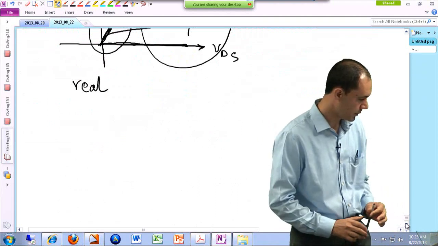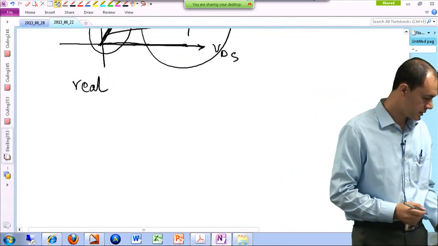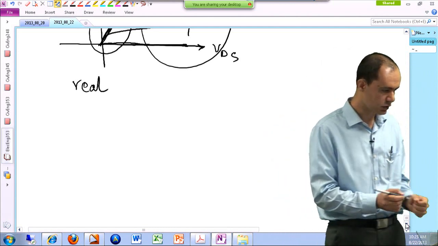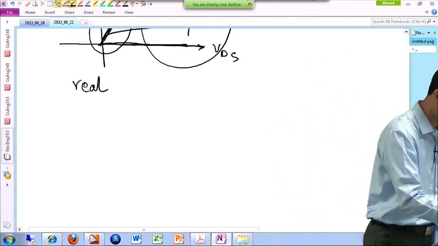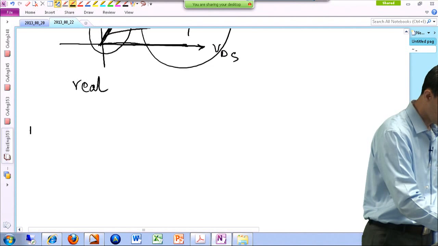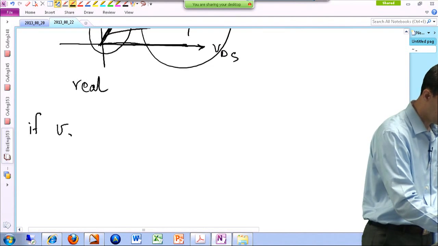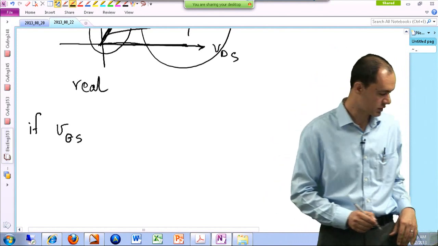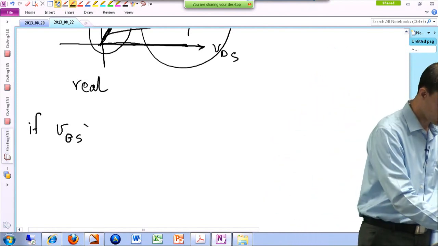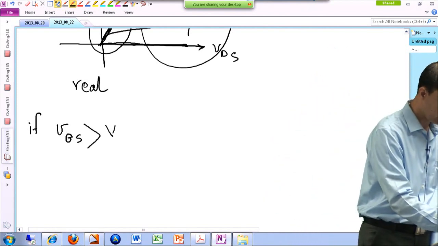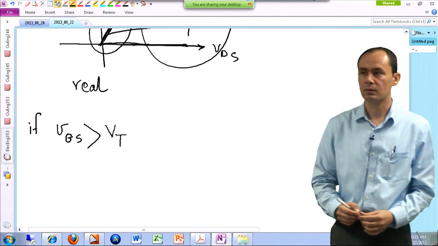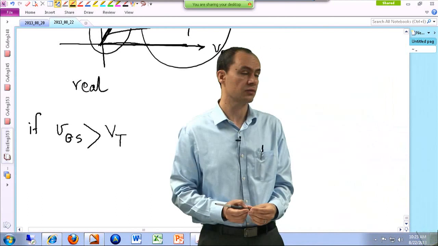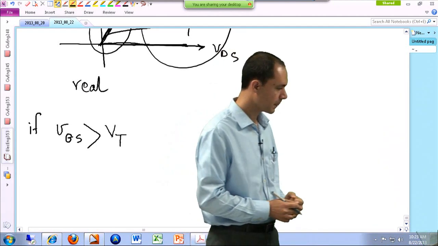All right, so let's look at the mathematical definition for a MOSFET. So let me write this expression. If I look at the gate to source voltage, and if it is greater than some threshold, and that threshold, depending on what MOSFET you are using, for instance, could be 5 volts.